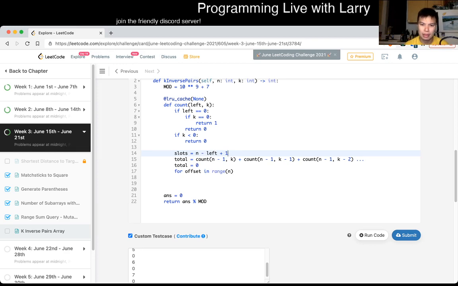Well, I guess slots is true, but let's just do d for delta. I might be off by 1 here.